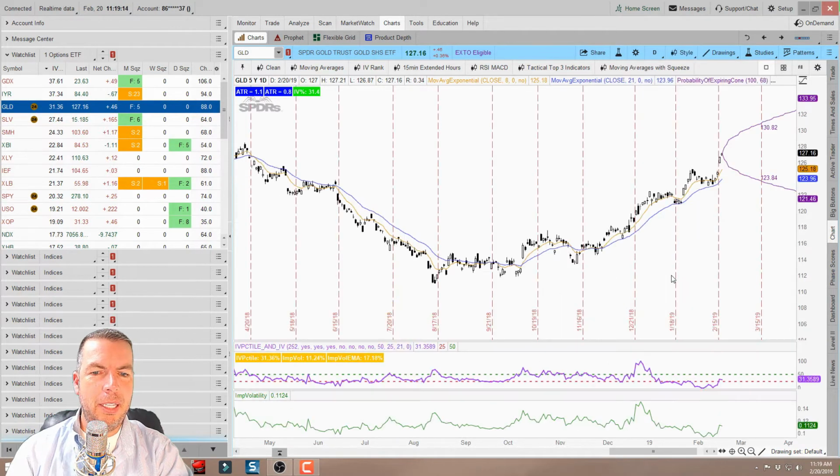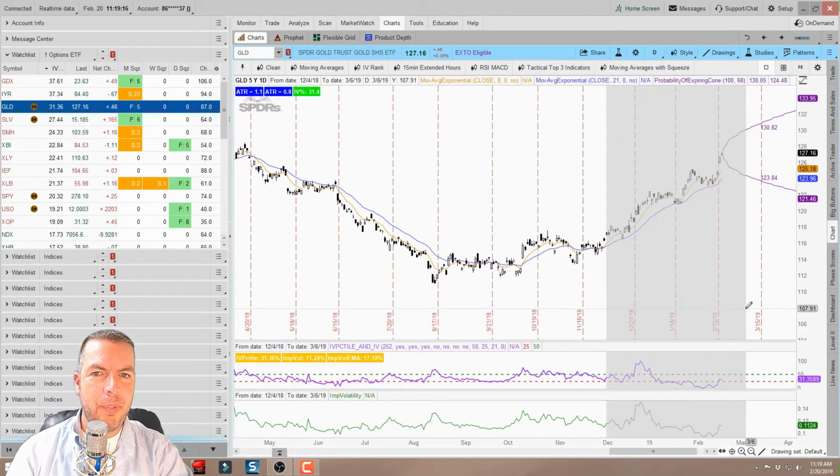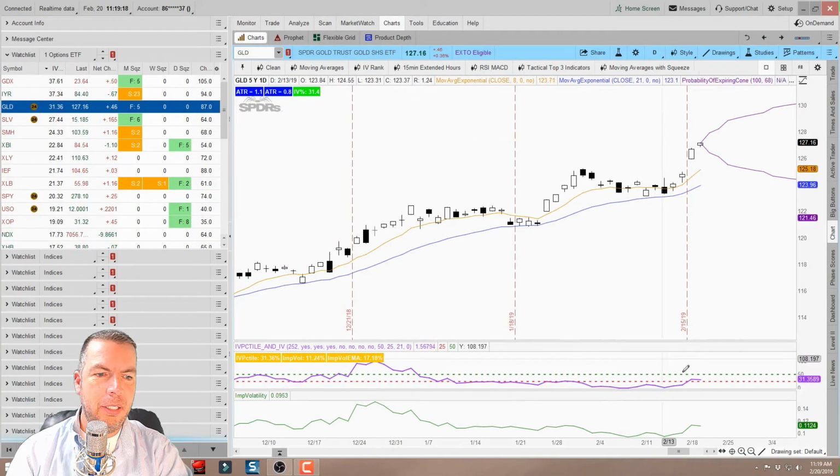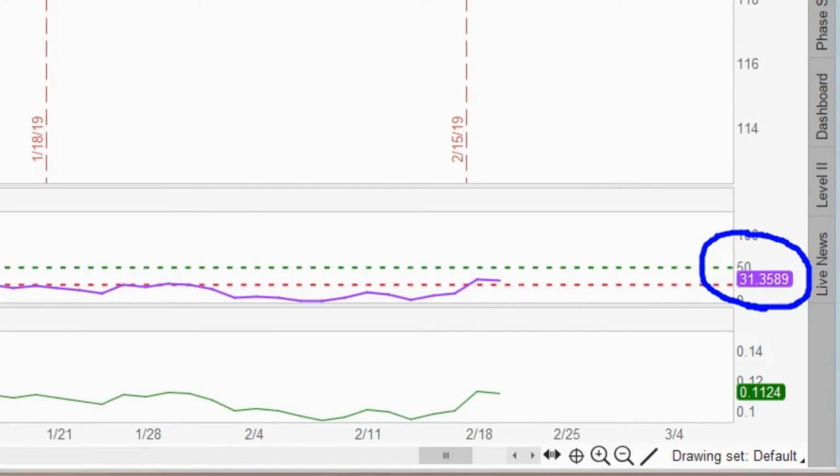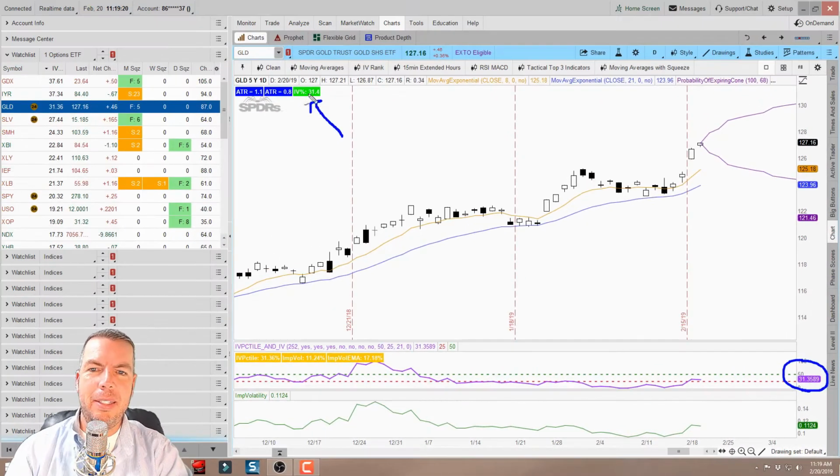Looking at the IV ranking for GLD, you can see right now here's that number, 31.3, 31.3, 31.4. Basically the same number right here, it's just rounding up to the next number. So this is implied volatility percentile or implied volatility ranking.